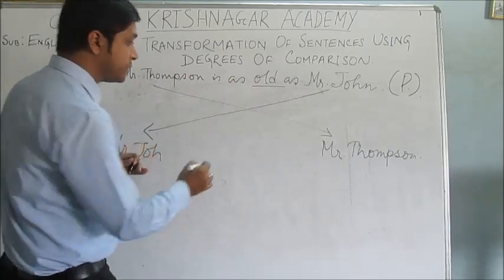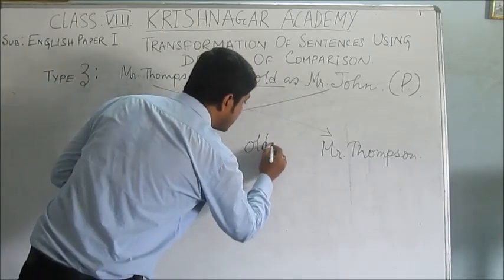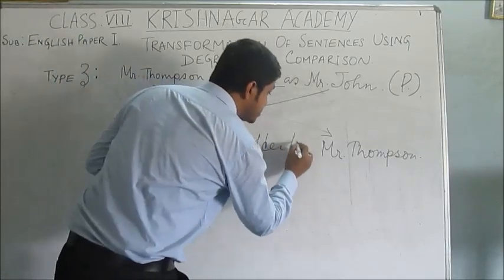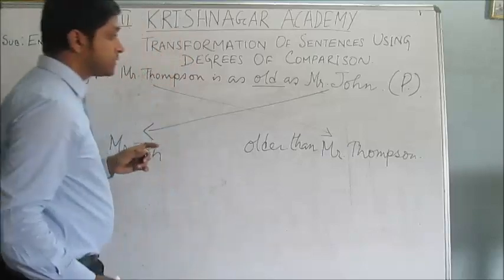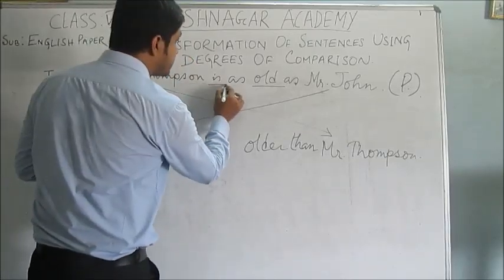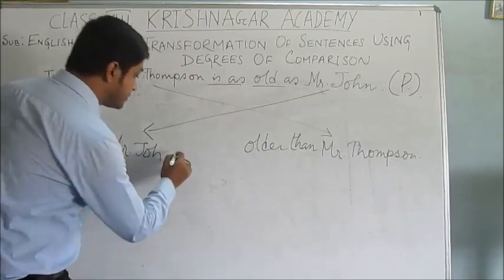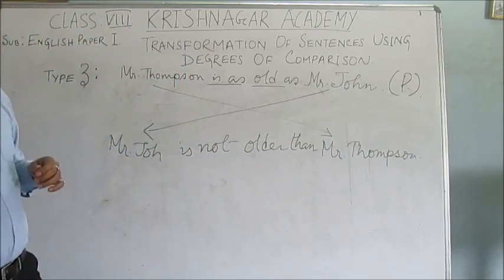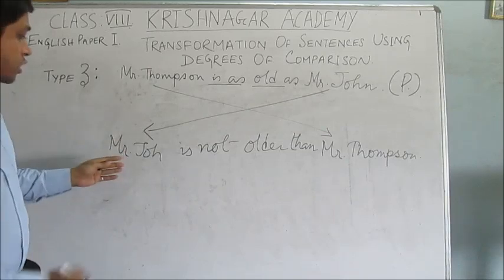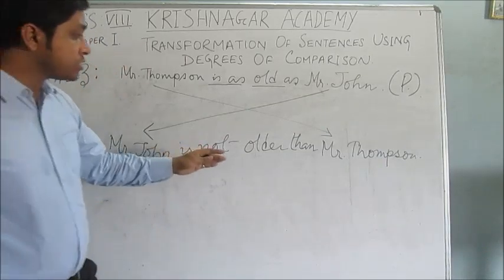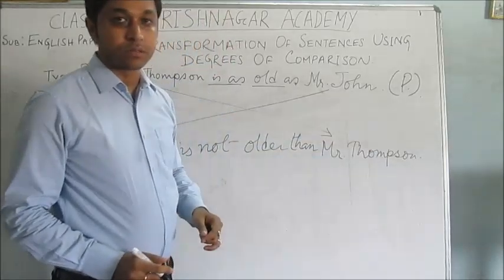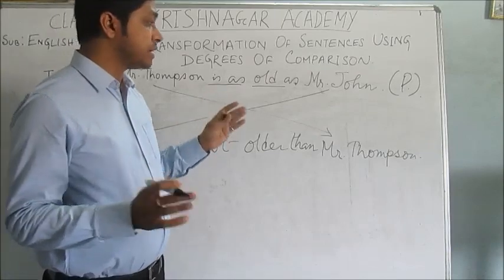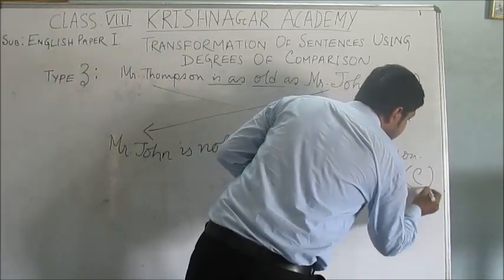Old will become older. And in comparative degree, we know we have to use the conjunction than. Now, swap the affirmative into negative. It becomes into comparative degree. Mr. John is not older than Mr. Thompson. The sense remains unchanged and we got the comparative degree.